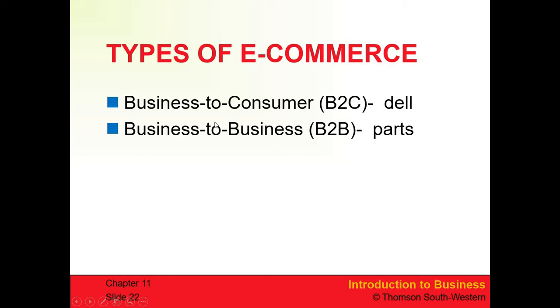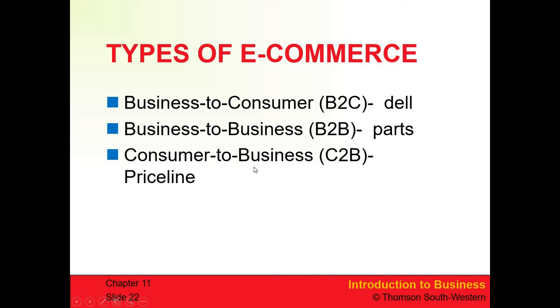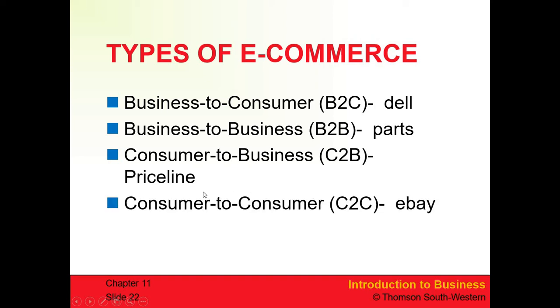Different types. Business to consumer is Dell, where you directly sell. Business to business, if I'm selling a part from one business to give it to another. Consumer to business is if I sell something that I previously purchased, Priceline, things like that. Then you got consumer to consumer, eBay, if I'm selling something to other people.